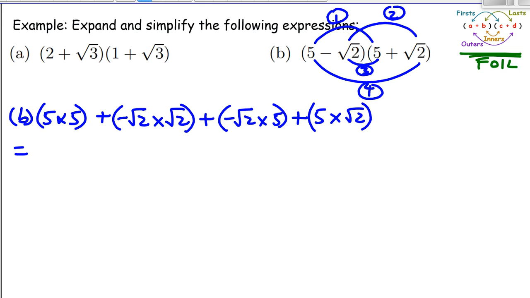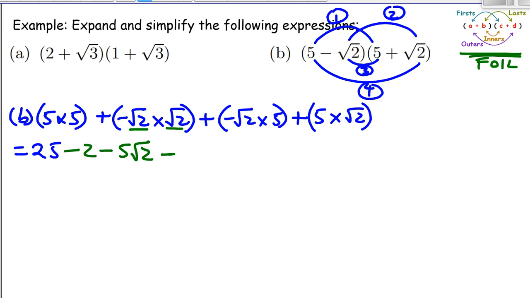Okay, the next step is just simplifying these things. 5 multiplied by 5 is 25. Now, I have square root of 2 multiplied by square root of 2, which will give us 2, but because you have a negative, we'll have negative 2. The next one, I have a negative 5 multiplied by root 2, which is negative 5 root 2.